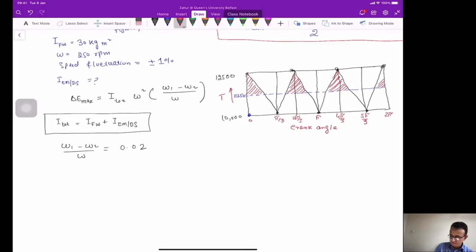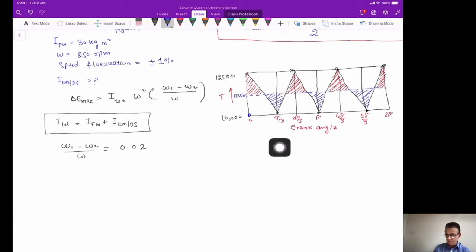We are shading this with red color here, and then you have the area which is below the mean torque, which we will shade blue here. So in this specific example, you have 10,000 here, 12,500 here, and 11,250 here. Now you need to calculate delta E maximum.